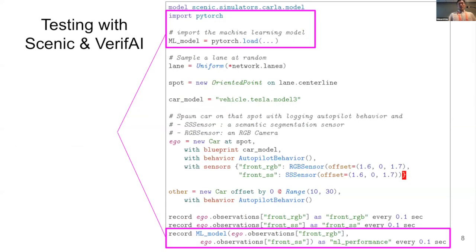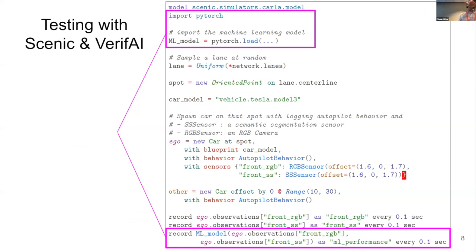Cool. So now, how can we test your ML models, like perception, behavior prediction, or planners, with SCENIC and Verify? First of all, from the SCENIC side, as we mentioned, SCENIC is embedded in Python, so you can import different Python packages.